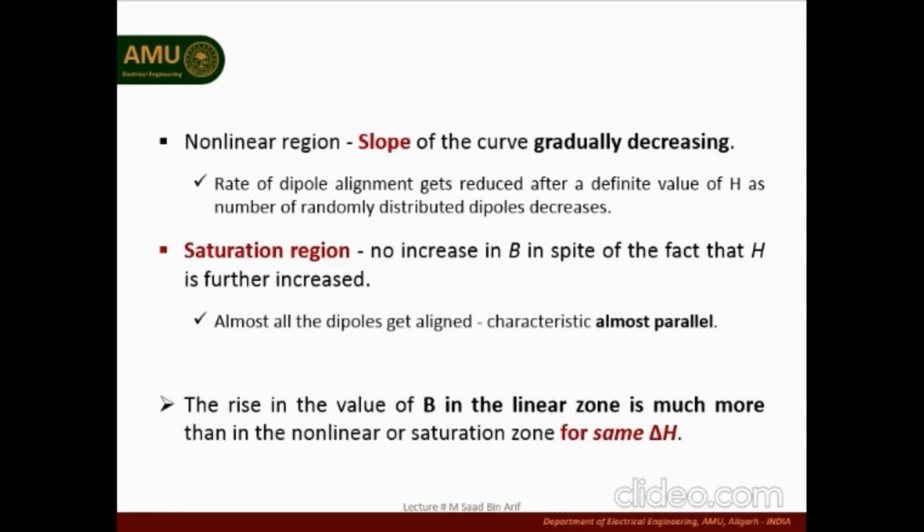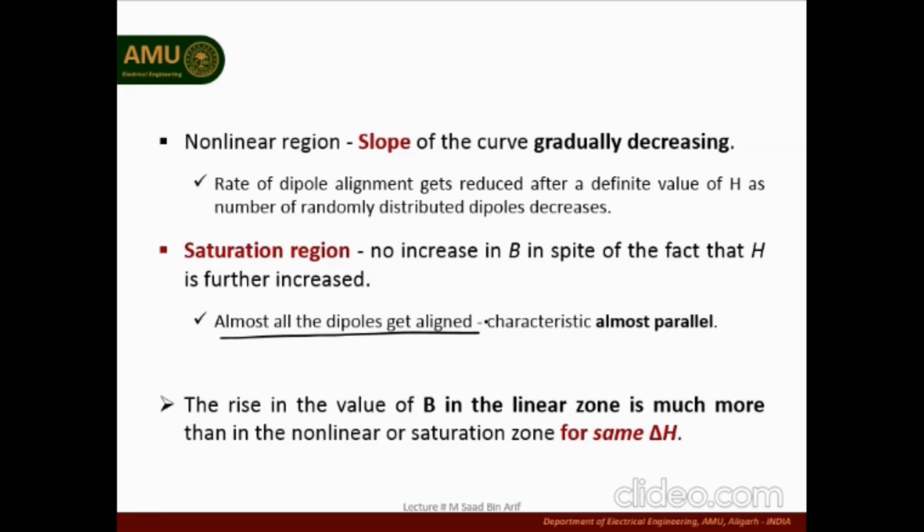Now, in the saturation region, what will happen? Basically, a time comes when there is practically no increase in B, in spite of the fact that H is further increased, and the material is then said to be saturated. What is happening in that saturation region? Almost all the dipoles get aligned before the saturation region, that is in the linear and non-linear regions.